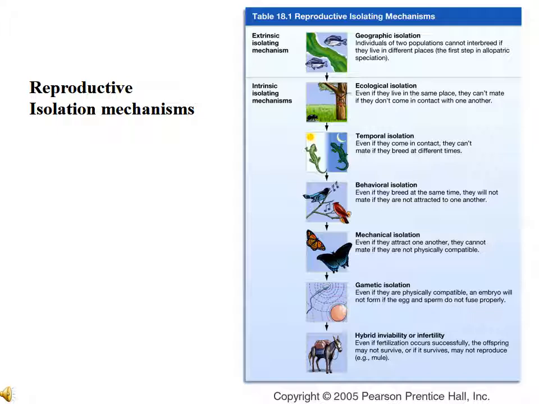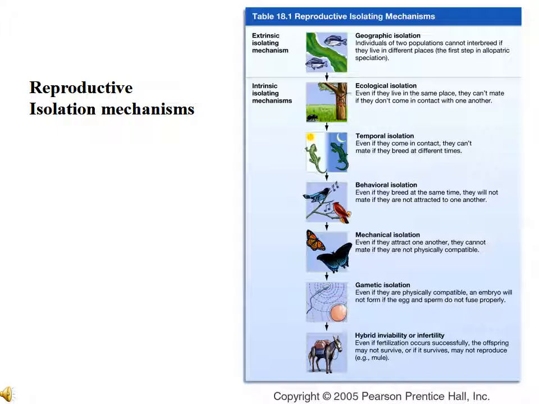To start with, let's look at ecological isolation. We may find that as a result of allopatric speciation, one organism lives on top of a tree and the other organism lives on the bottom of the tree. As a result, the two never get together and mate.